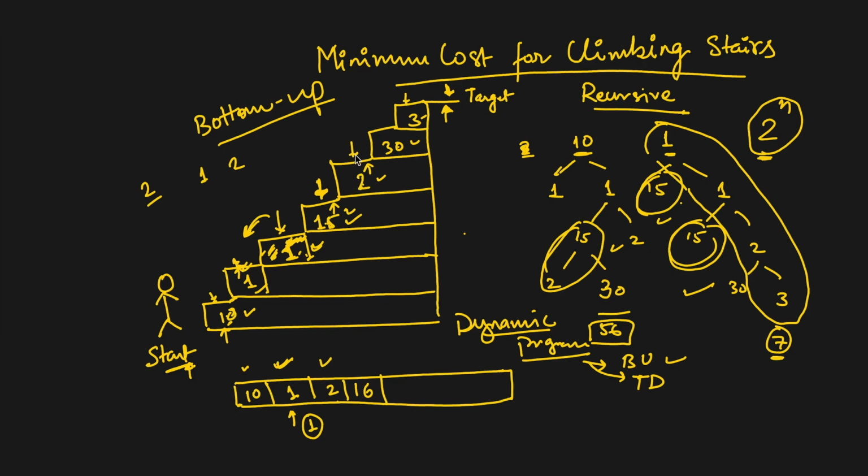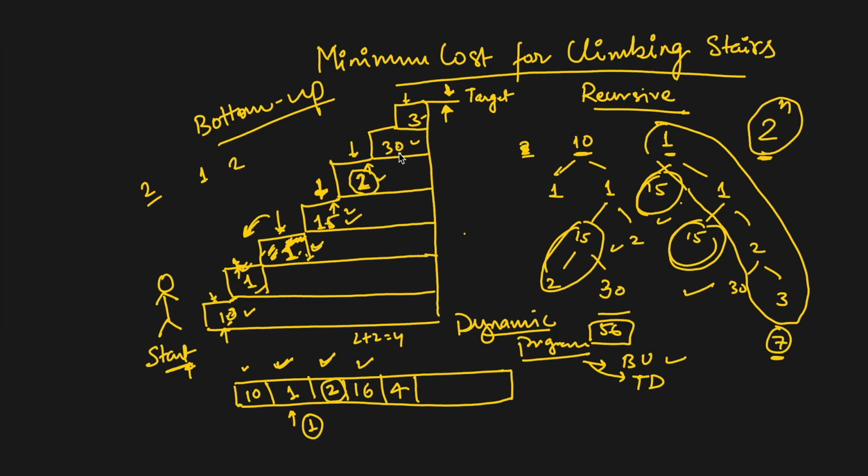Now at this step, look at the previous two steps, pick the minimum of 2 and 16, so we'll pick 2, and add the current cost, which is 2. So 2 plus 2 is 4, so we'll put 4 here.